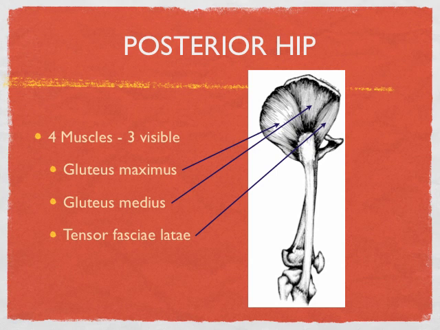The fourth muscle in this group is hidden and is a muscle called gluteus minimus. So 3 of the muscles here are called gluteus muscles. And you can see by their other names that size is being referenced here. So you've got a big one, right? A medium one, and a little one.